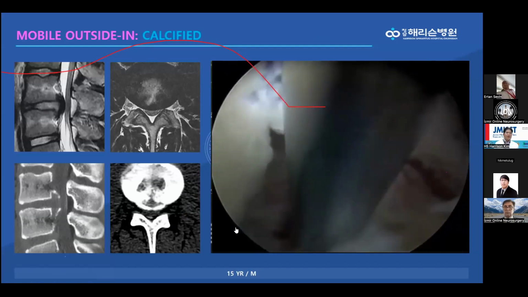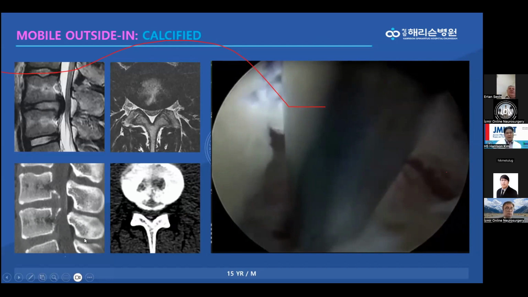After learning this mobile outside-in technique, you can perform more difficult cases. This case is a 15-year-old with a posterior apophyseal ring fracture, or calcification of the disc. This is very difficult; even for transforaminal open surgery it is not easy. Endoscopic approach is also not easy, so many doctors sometimes choose fusion surgery.